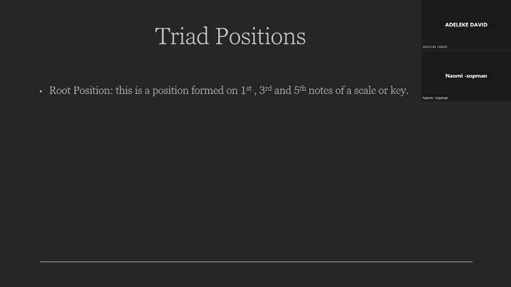When we say a triad is in root position, it means that the triad is formed on consecutive thirds. That is the first note, the third note, and the what? And the fifth note. That is a root position.